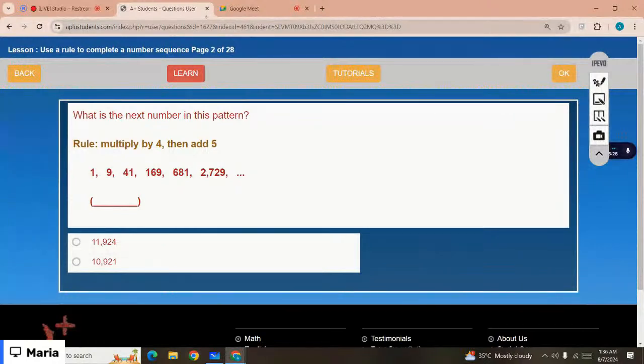What is the next number in the pattern? Multiply by 4 and then add 5. So which is the correct option?